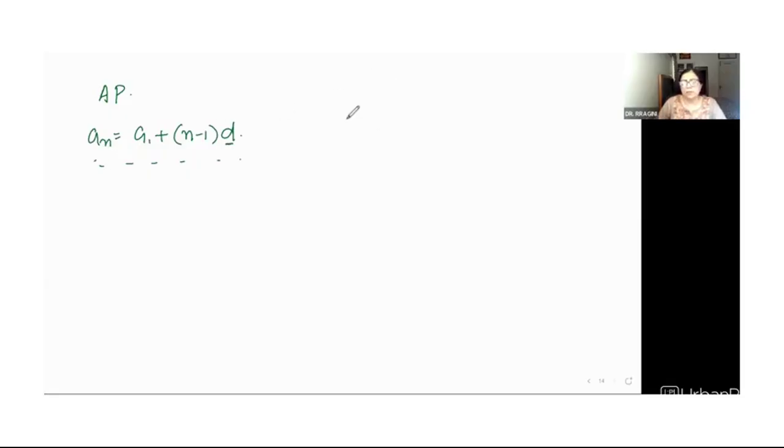In a GP, an is a1 times r to the power n minus 1. Here the concept is multiplying the number with a fixed constant. So the nth term we can obtain by multiplying by r, n minus 1 times. Right? So this is the basic difference and the concept behind arithmetic progression and geometric progression.